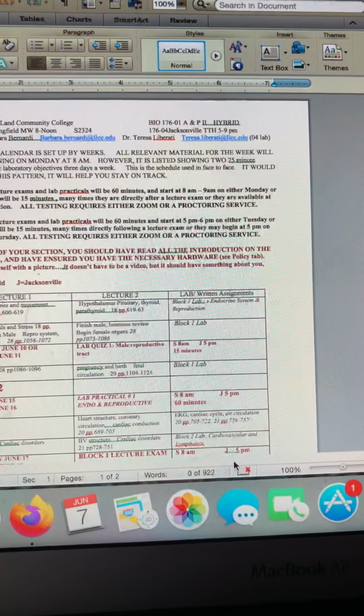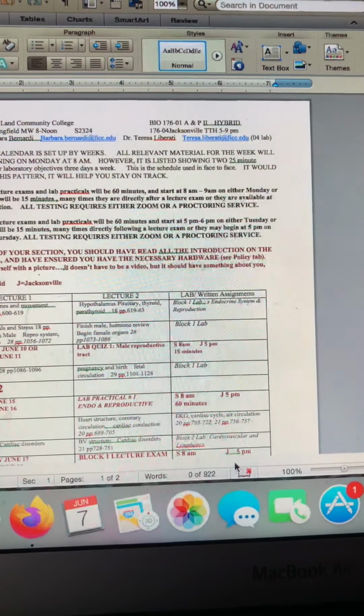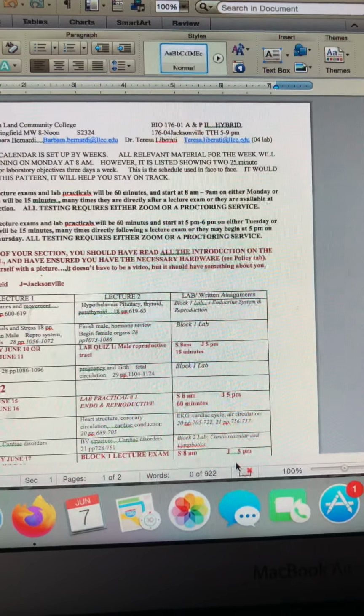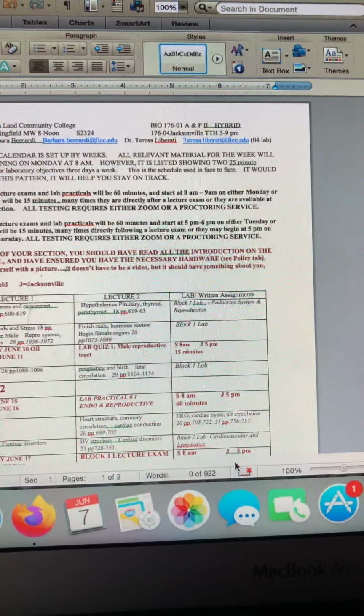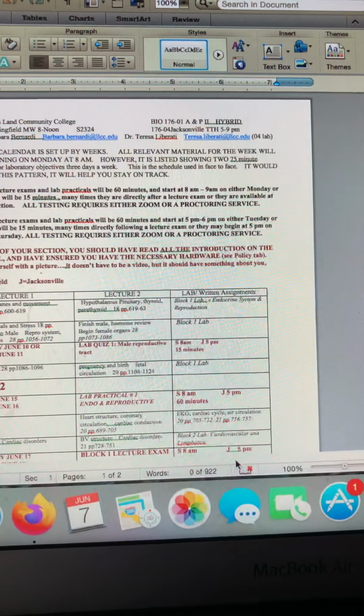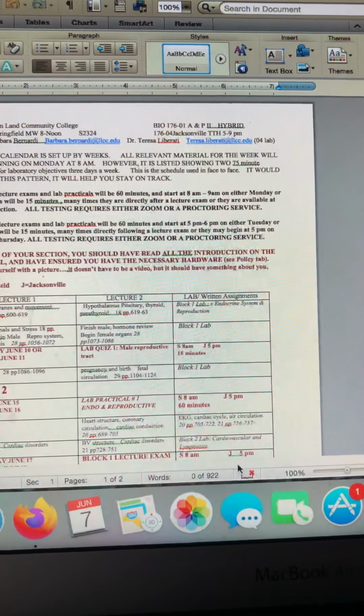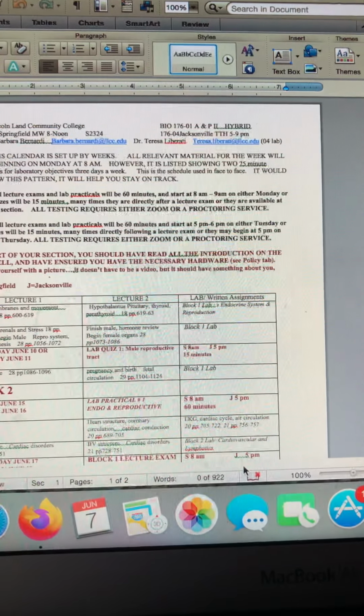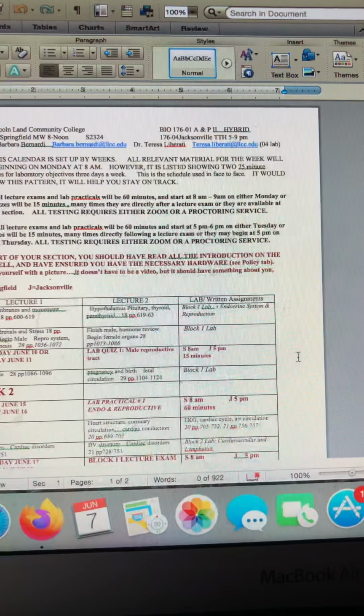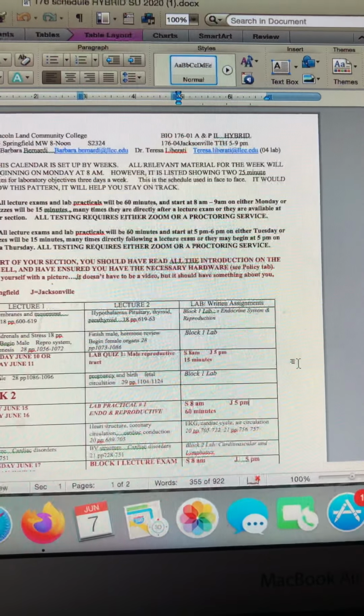I did that specifically. You can do it however you want, but the tests are set. They don't move days. So it's an attempt to help you get yourself into that rhythm and so that you don't fall behind.